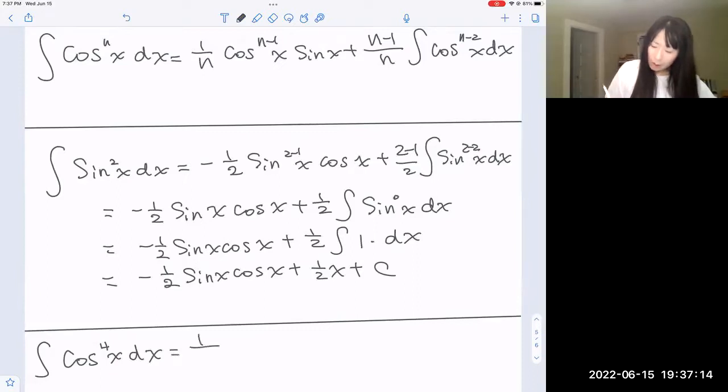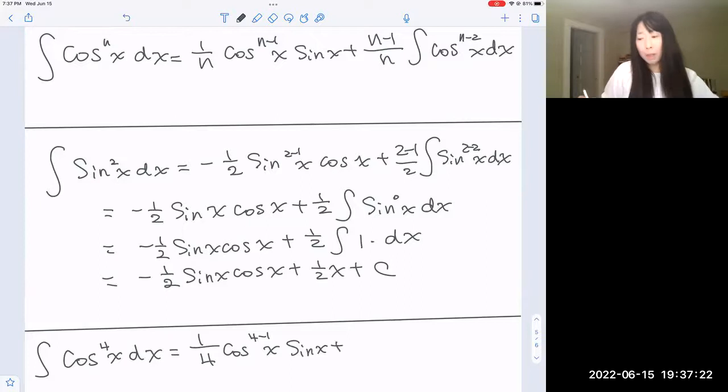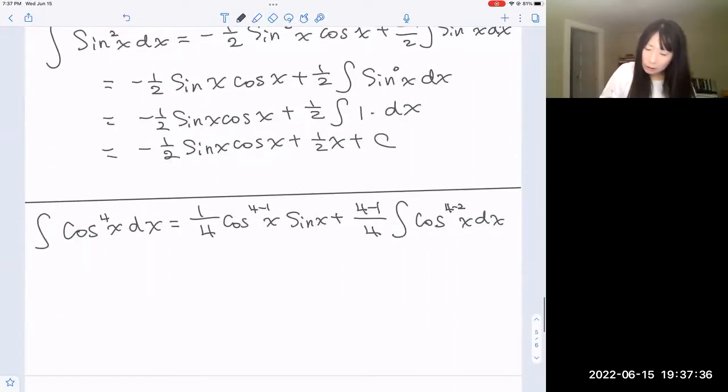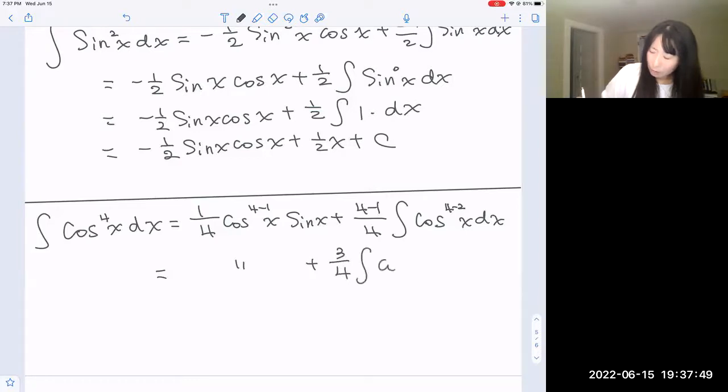So 1 over n, which is 4, cosine 4 minus 1 x, sine x, plus n minus 1 over n, which is 4 minus 1 over 4, and the integral of cosine 4 minus 2 x dx. Now, let me make a detour, and then I'm going to write it down nicely. We have 3 over 4, and we have cosine second power dx.